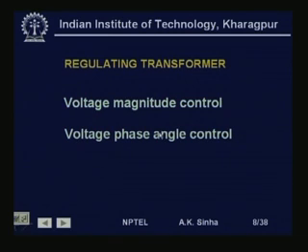If we inject the voltage not in phase with the transmission line voltage, but in quadrature or at some different angle, then we can make a phase shift of the voltage as well, because the final voltage which is coming at the receiving end will be the sum of these two voltages, the sending end voltage plus the voltage which we are adding by this transformer.